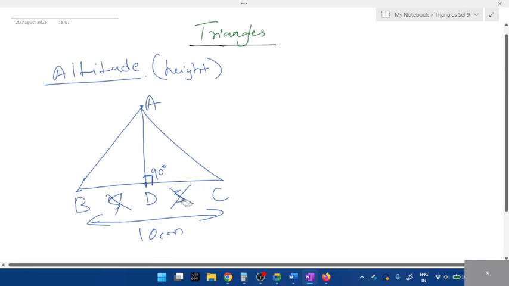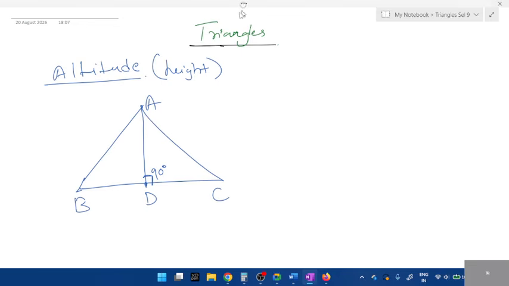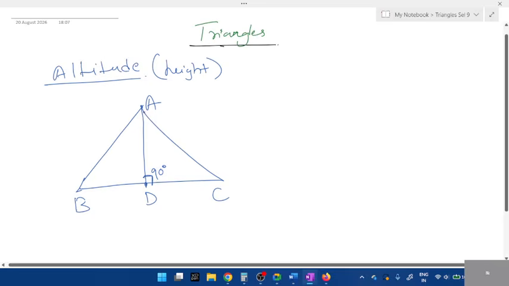We're talking about the angle formed. What's the angle formed? 90 degrees. In the same way, if I join from B to the opposite side, the angle formed is 90.